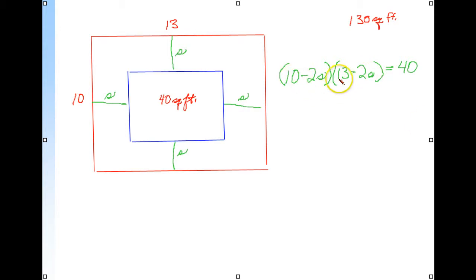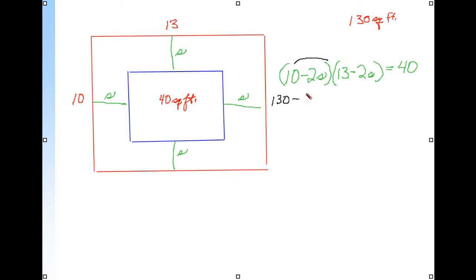I have an equation, but in order to solve equations, I have to put it in standard form. So I'm going to FOIL that and get 130. I'm going to do my outers, and I get a negative 20S. My inners, I get a negative 26S.